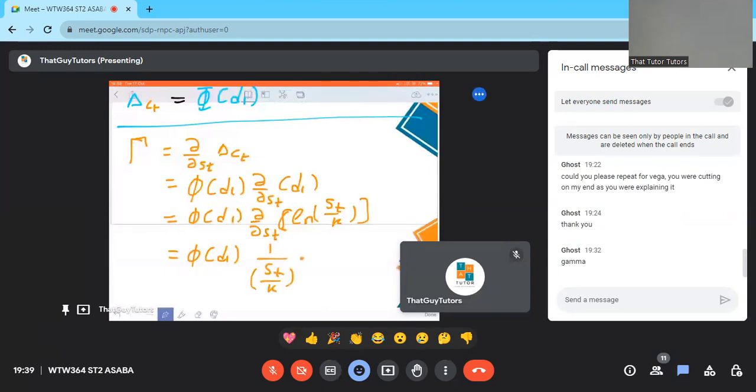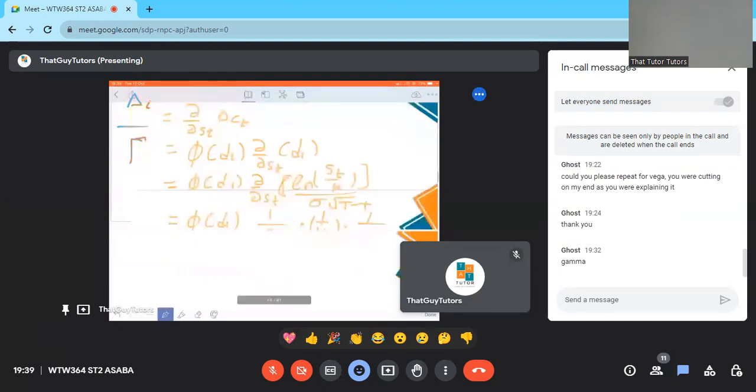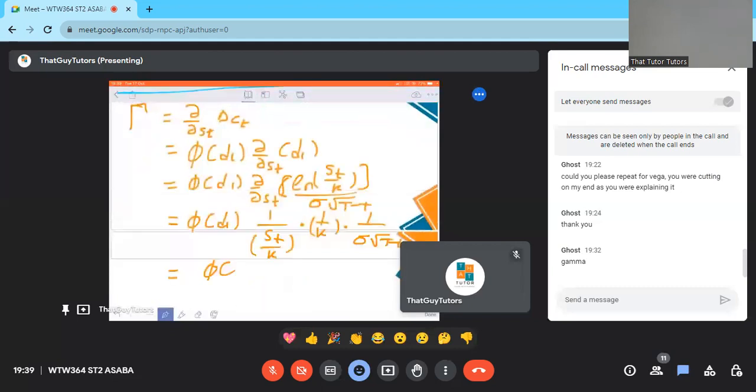No, there's the ST over K. That's going to be this sigma square root of T minus t. And then you would have 1 over K. And you would have 1 over K sigma square root of T minus t. And then you would basically have this D1 over ST sigma square root of T minus t.